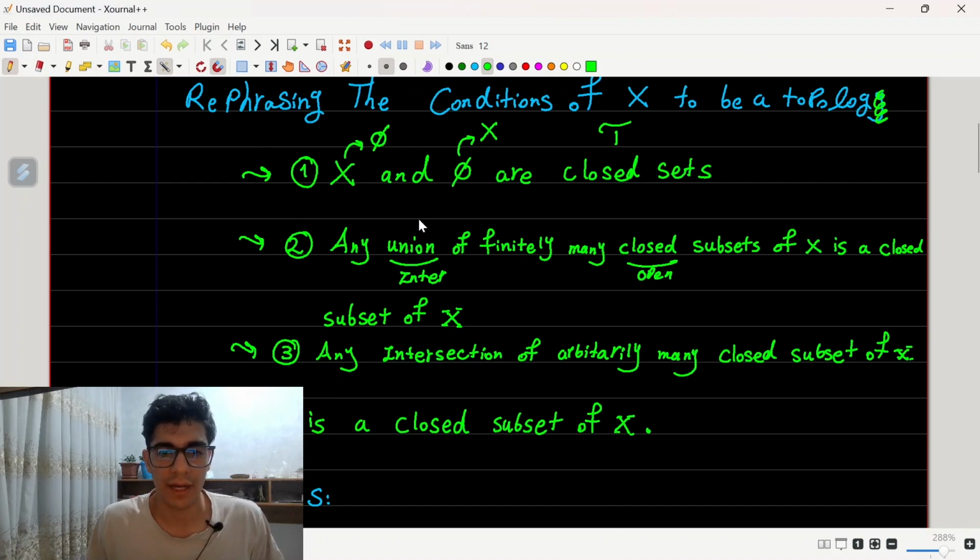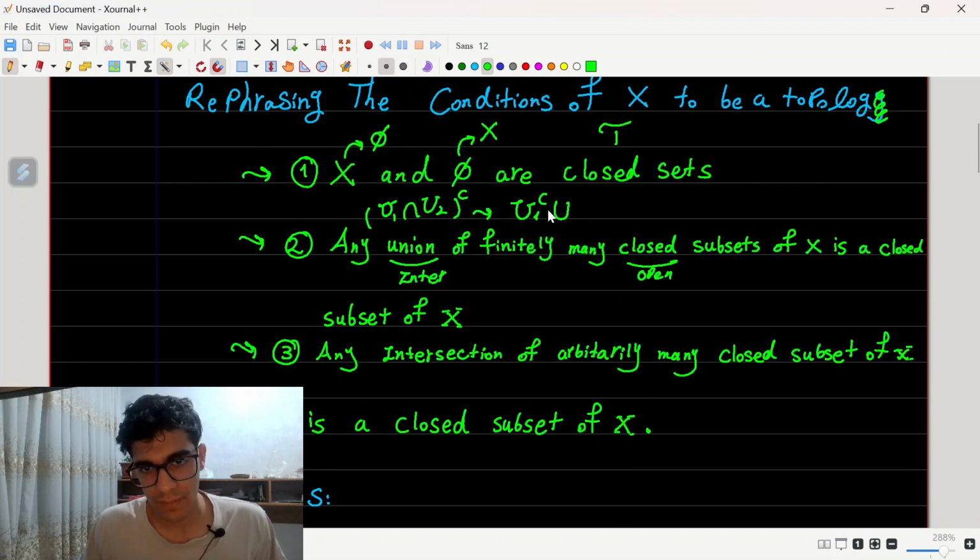By De Morgan's law. I mean, the intersection of, say, U1 and U2, if we take a complement of that, we get U1 complement union U2 complement. And that's why these two are equal.